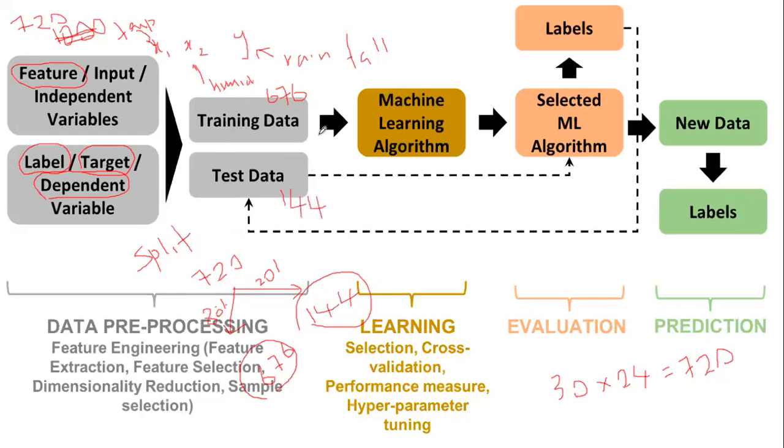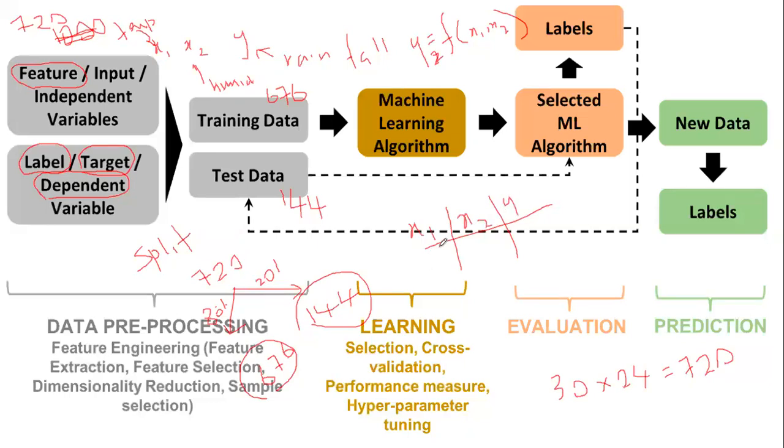Training data means we are going to train our model, right? So for this model, y equals some function of x1 and x2, we don't know the relationship, right? So we feed the machine. Okay, first our temperature is this, humidity is this, rainfall is this. So we feed the data: temperature, humidity, rainfall.